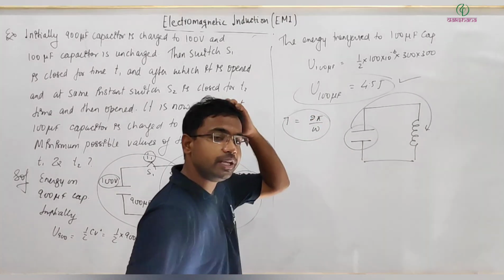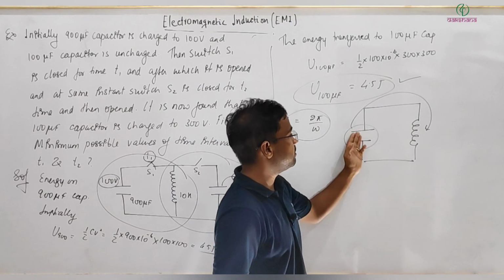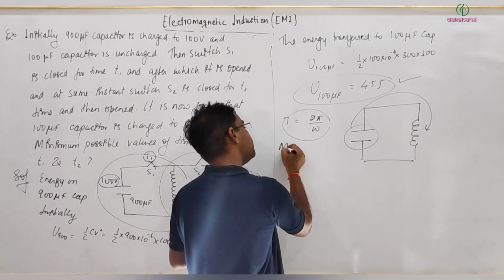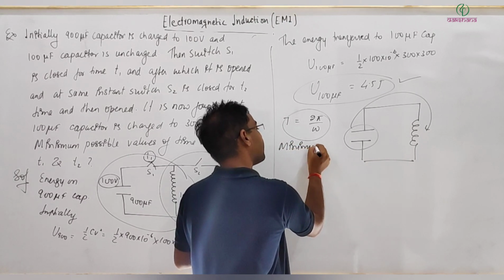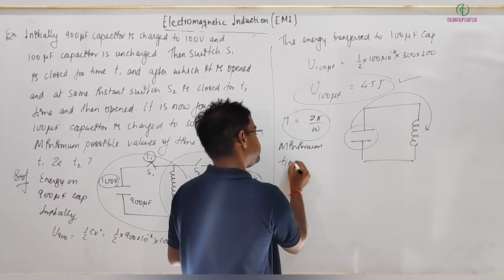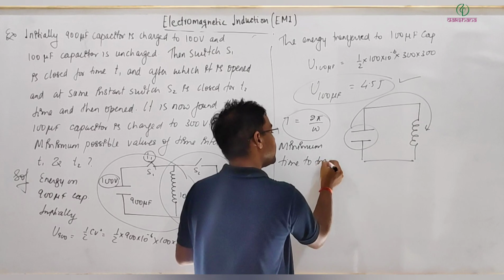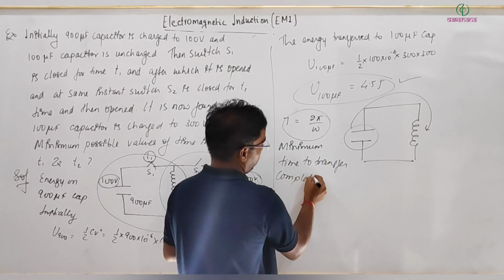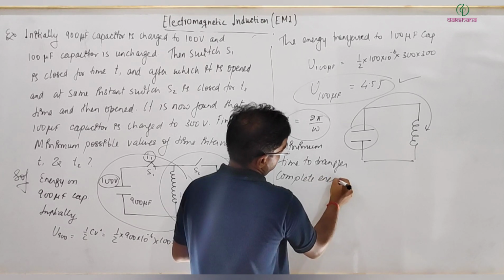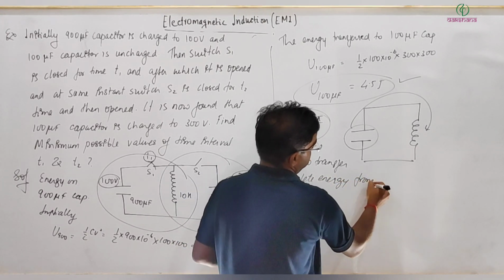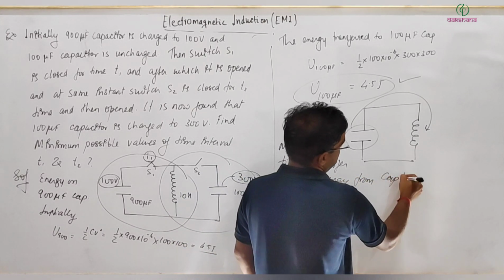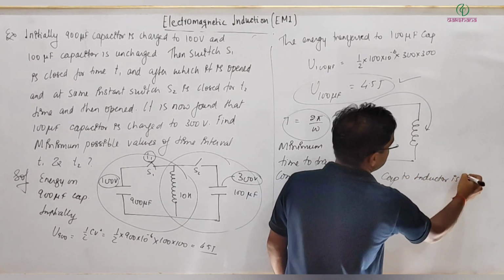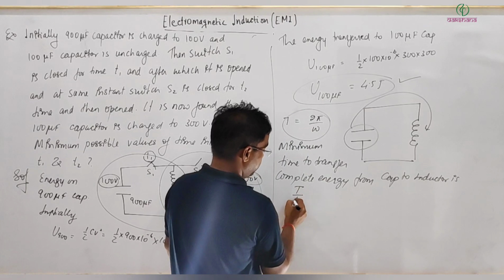The minimum time to transfer complete energy from electrical to magnetic energy, that is, from capacitor to inductor, is T by 4.